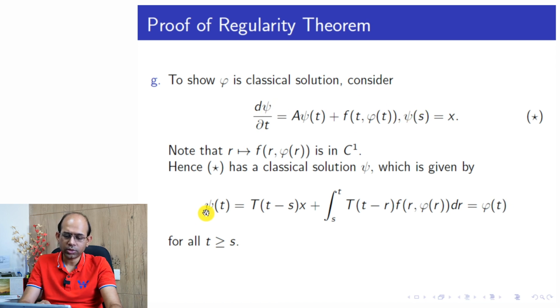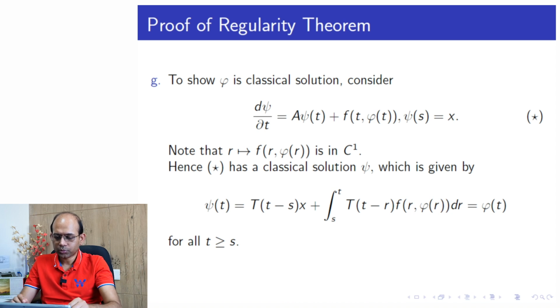So psi t can be written this way using the formula for variation of constants, and then we recall what the mild solution of the ACP is. The mild solution satisfies an integral equation; this appears on the right hand side, and this appears on the left hand side in that mild solution.